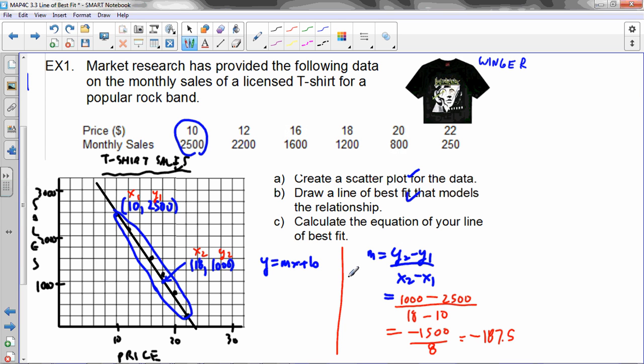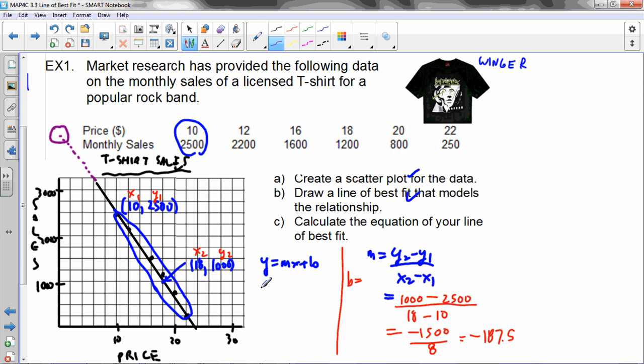Our b value. Notice this is one where if I extended this line back this way, I might be able to get a value there, but that's pretty tough. I'd have to extend this.